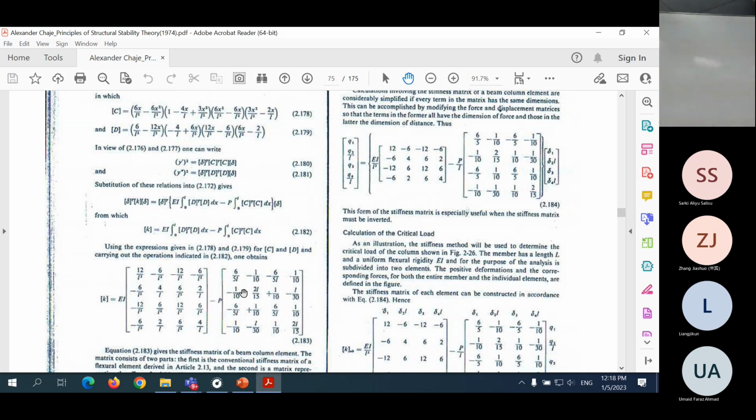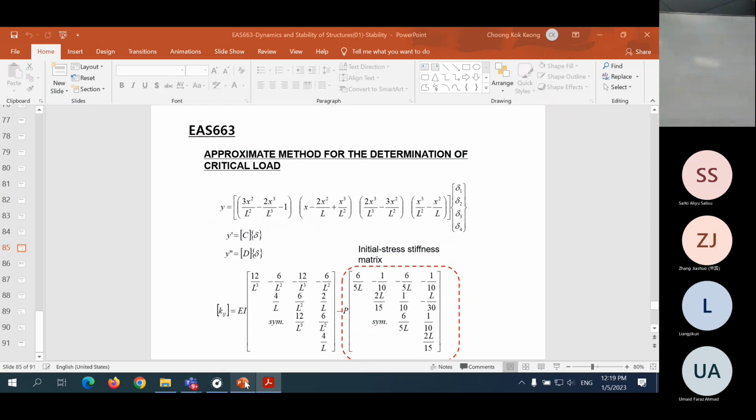After you integrate this one, you get this, and there is a P multiplied in front here. So to answer your question, Metam, that is where it comes from. If you refer to the detailed pages, you can get the detailed process and also the explanation.